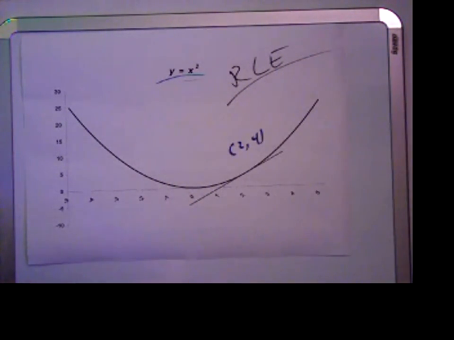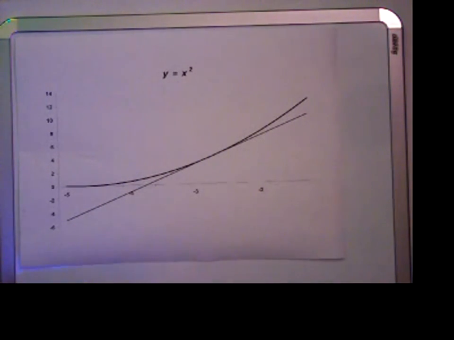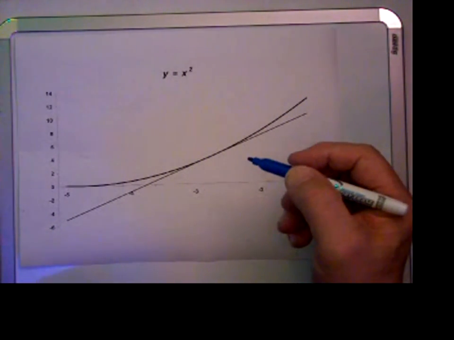It's fairly steep, and actually the derivative is 4. So let's see what we can do. With the magic of Excel, I drew the same graph, with a different scale, just a section of where I was.